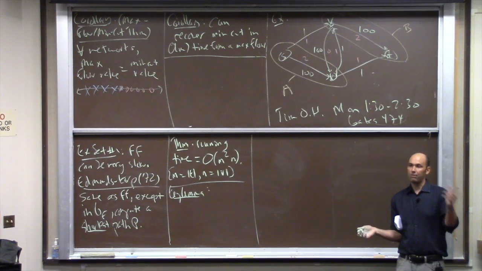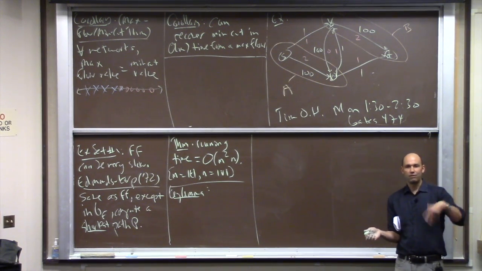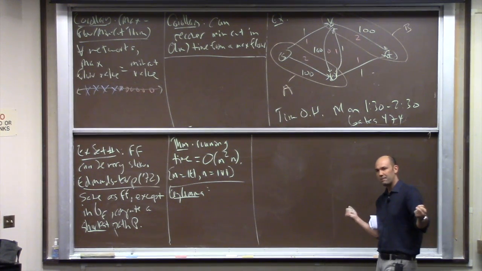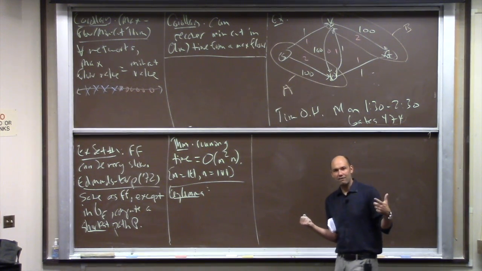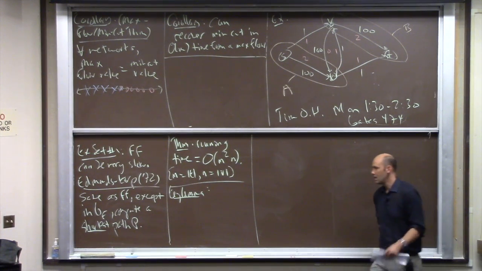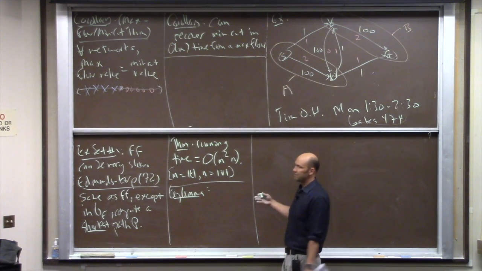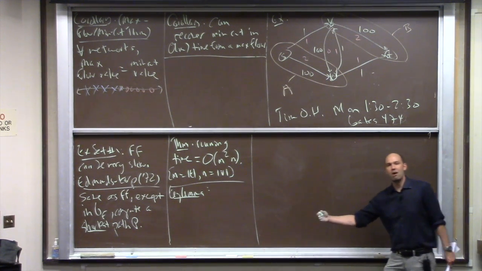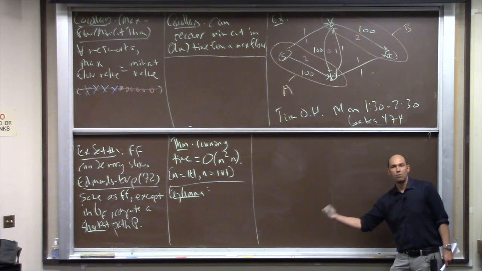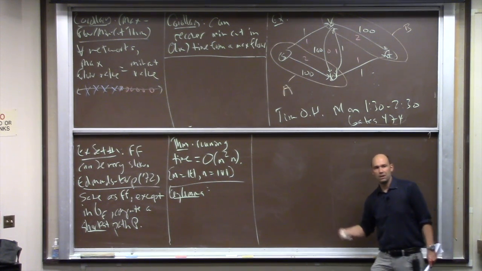Because if you had a path with n edges, it would loop, and then if you threw out the cycle, you'd get a shorter path. Okay, so the biggest finite shortest path distance is n minus 1. If it ever gets bigger than that, it has to mean it's infinite. It has to mean you're disconnected. Okay? So that's the intuition here. Our progress measure will be how far S and T are apart from each other in the residual graph. If we can argue that that goes up reasonably rapidly, then we should be good.